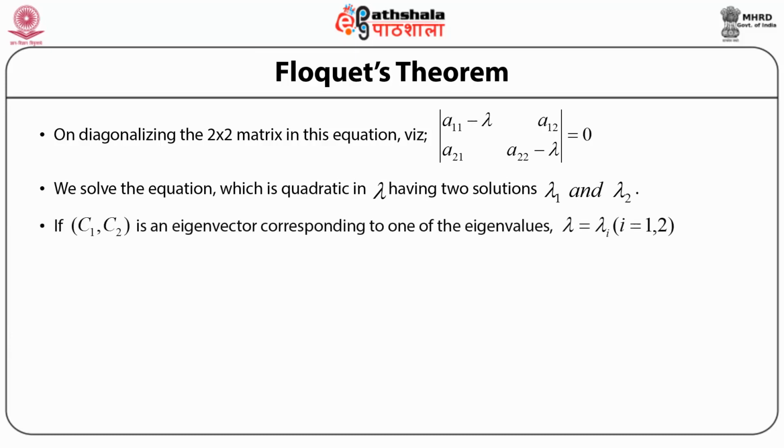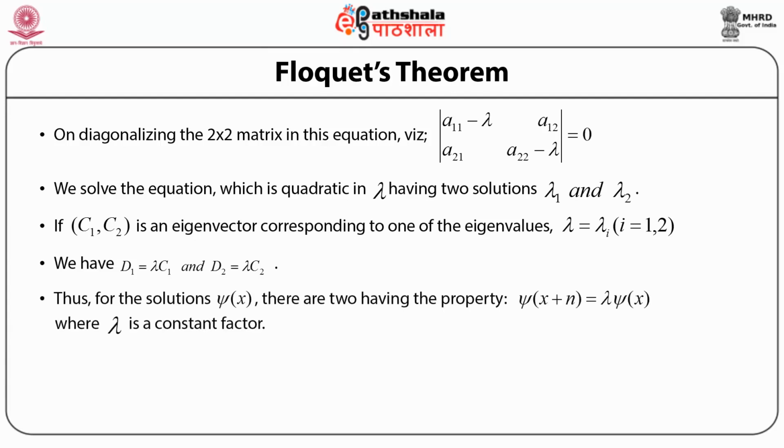If C1, C2 is an eigenvector corresponding to one of the eigenvalues lambda = lambda i, where i = 1, 2, we have D1 = lambda C1 and D2 = lambda C2.